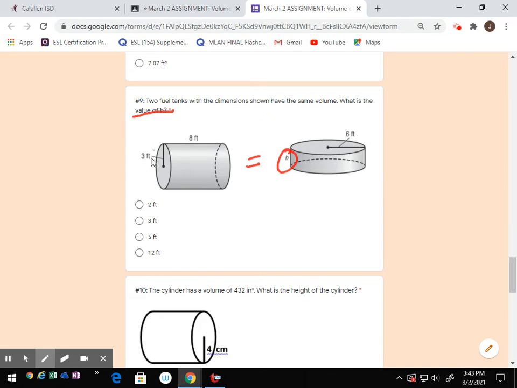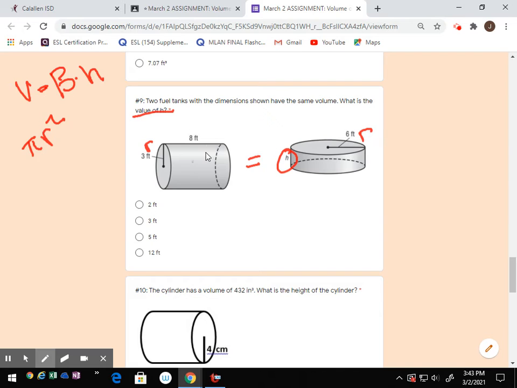So the volume formula, again, I'm going to write it up here. V is equal to big B times H. Big B is the area of what? A circle. The base of this cylinder is a circle, so the area formula is pi r squared. Our radius here is 3. What's this radius over here? 6.